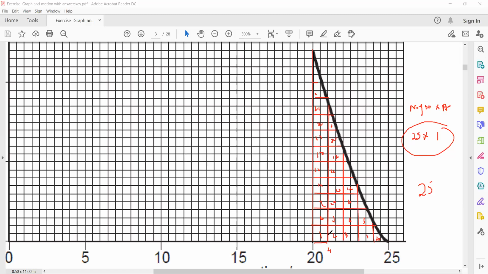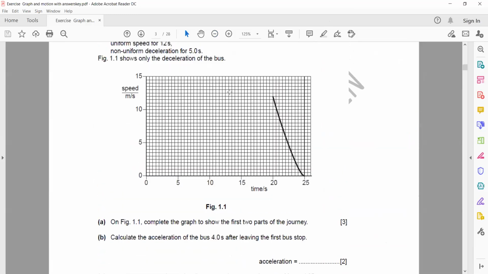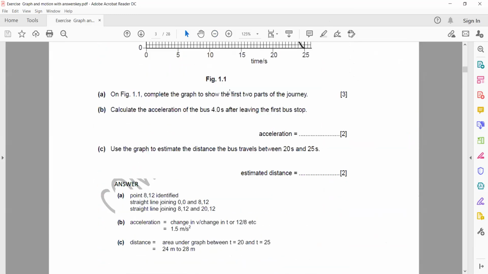Is it clear how to get the distance traveled by using the area under the graph? Whenever a speed-time graph is there, you have to divide the figure into horizontal and vertical parts.